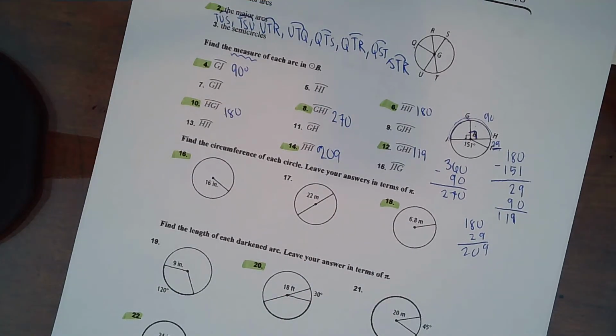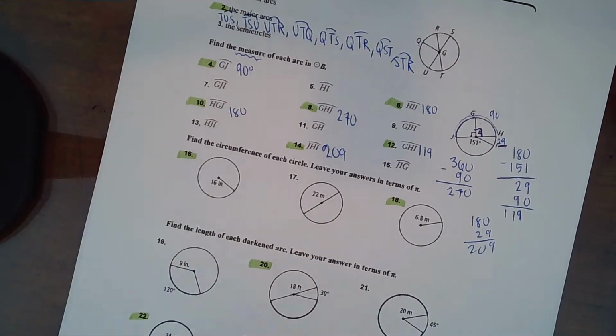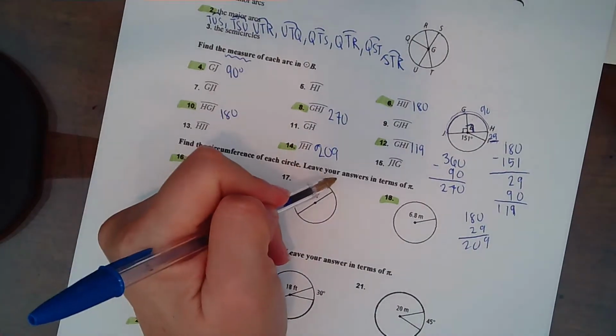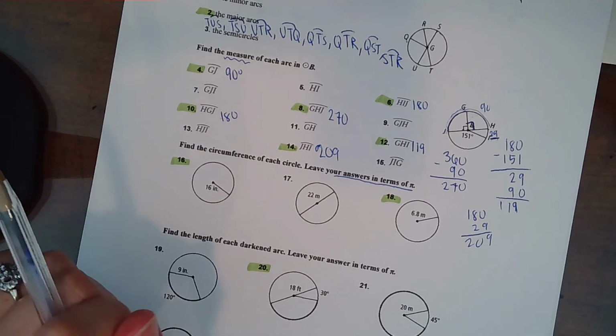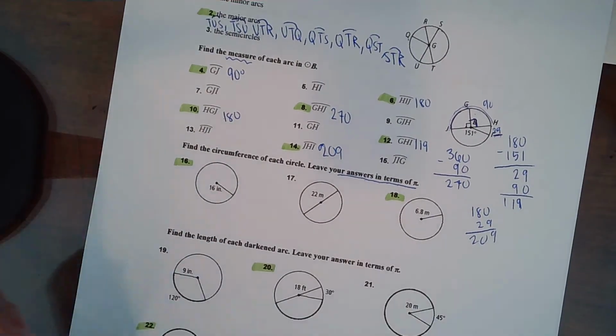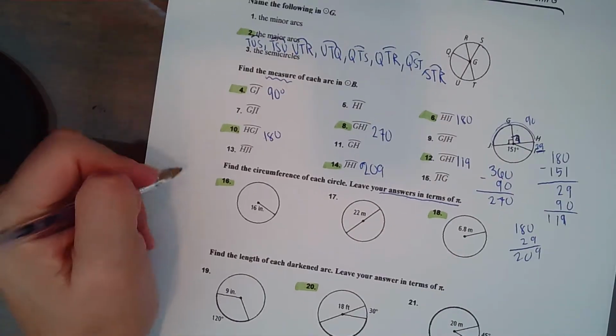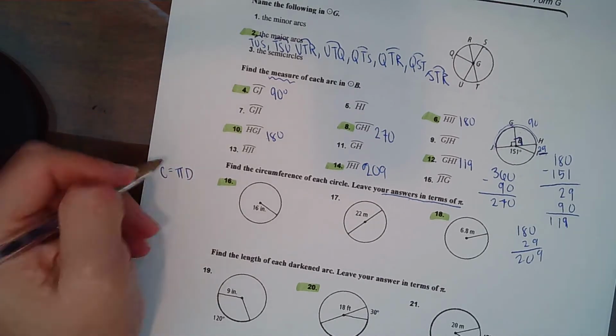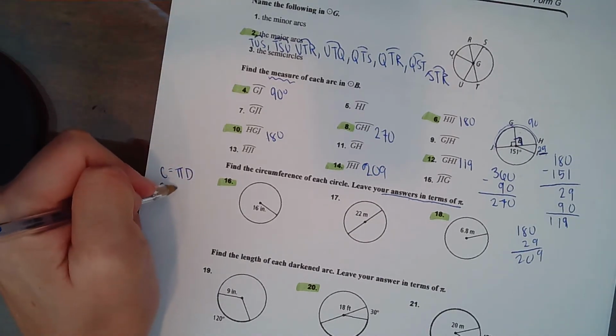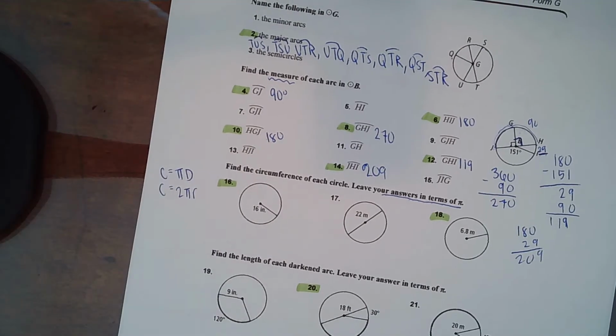Okay, so this says find the circumference of each circle and leave your answer in terms of pi. Unless I give you other directions in the question, just make sure that you go by what it says on the worksheet. So circumference is equal to pi times your diameter, or it's equal to 2 pi r.